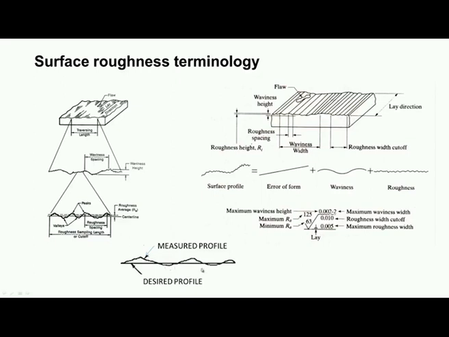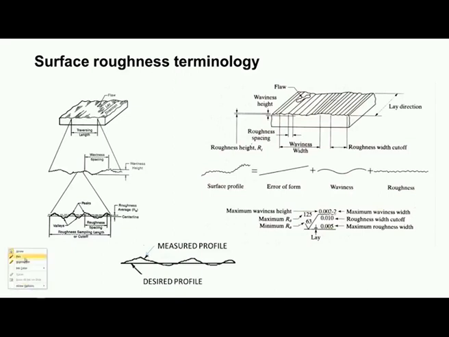These variations are due to many reasons, like the vibration of the machine tool, the shape of the cutting tool, and the machining parameters like speed and feed, etc. And then here you can see the surface is tapered.